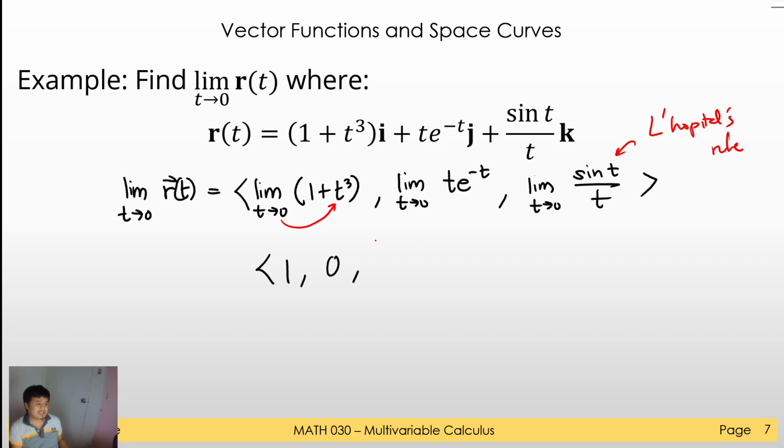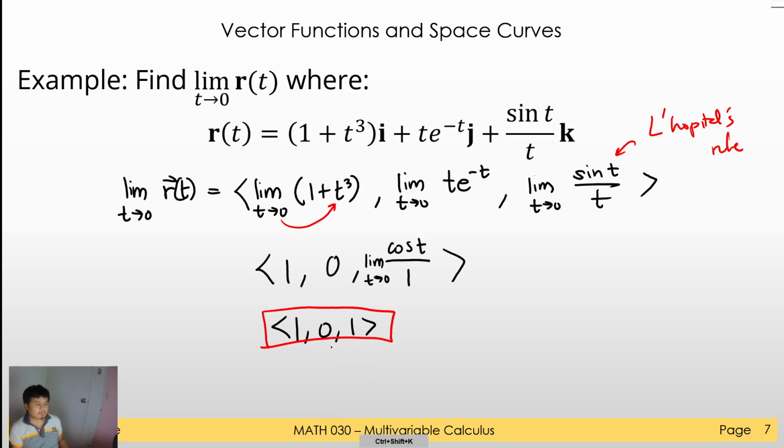Using L'Hopital's rule, the derivative of sine t is cosine t, the derivative of t is 1, and evaluating this limit as t approaches 0, cosine 0 is 1. Therefore we have 1, 0, and 1 as our answer. Or in component form, we can write this as i hat plus k hat. Sorry, not j hat, but k hat. This is the z variable, by the way.